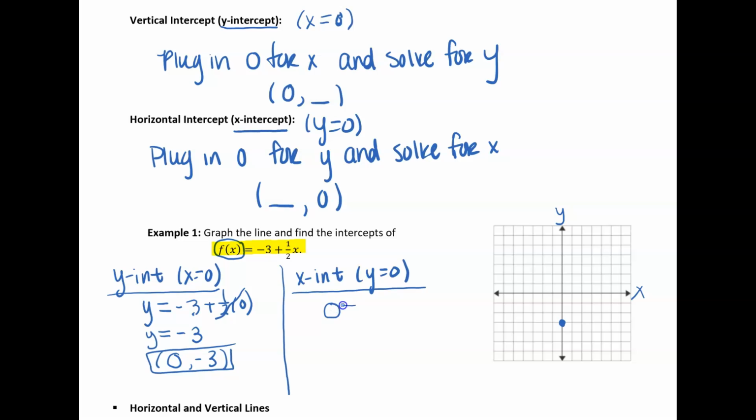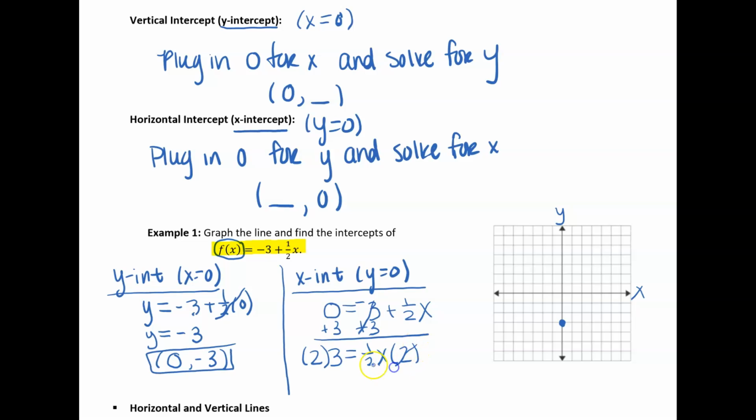So I'm going to say 0 equal to -3 plus 1/2 x, and then I'm going to solve for x. I'm going to add the 3 over, so it gives me 3 equal to 1/2 x. Then to get rid of that 1/2 being multiplied, I can multiply by 2 on both sides, because that's like being divided by 2.